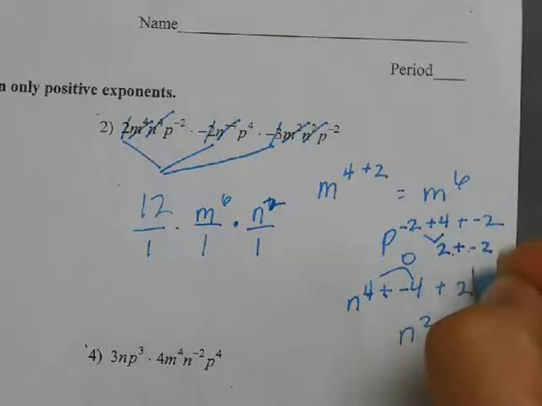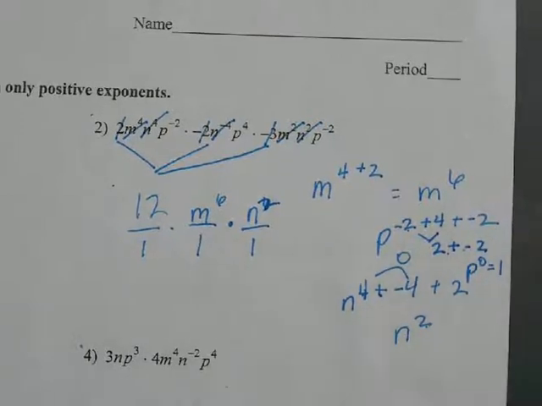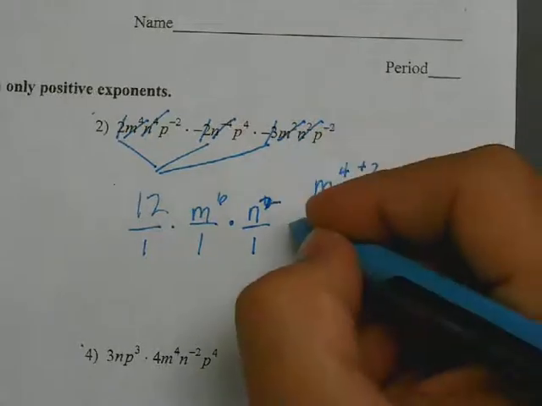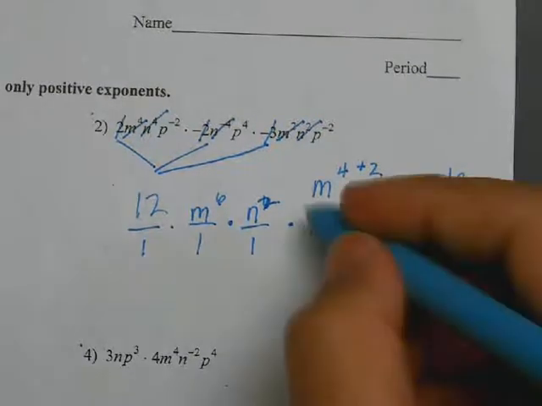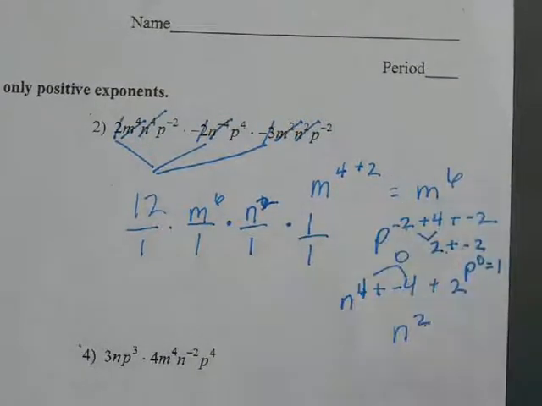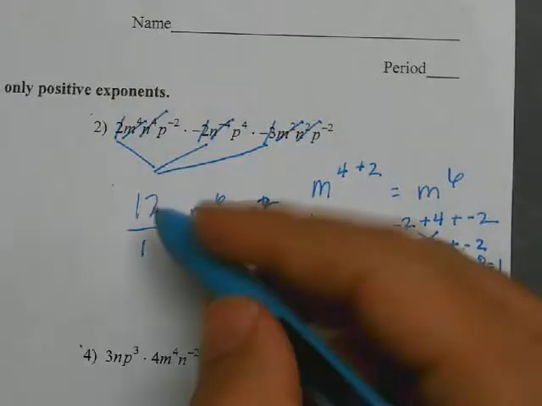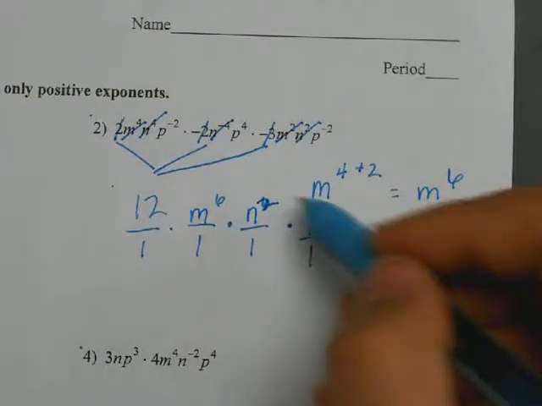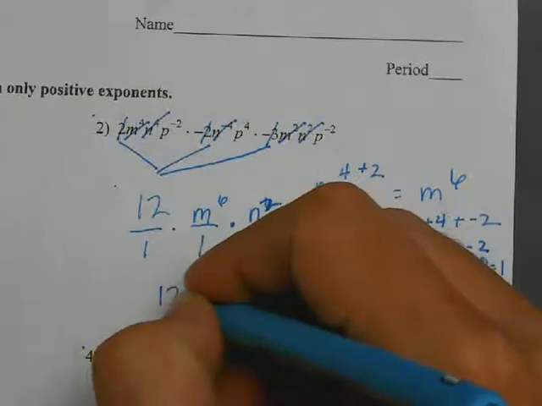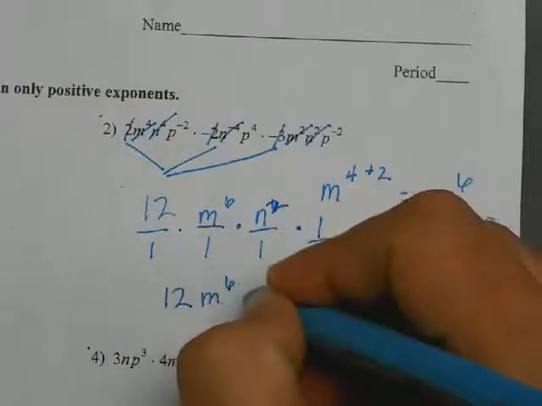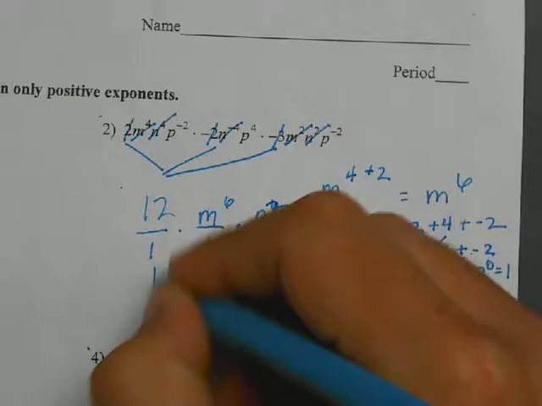So p to the 0, which equals 1. So basically it's just this times 1, and you can say 1 over 1 is fine as well. But anything to the 0 power is 1. So now we have 12 times m to the 6 times n to the 2nd times 1. So our final answer would just be 12 m to the 6 n to the 2nd, and that is my final answer.